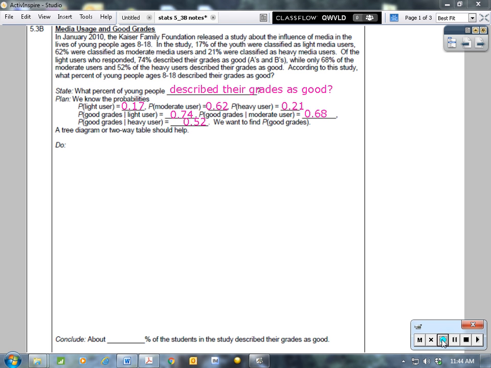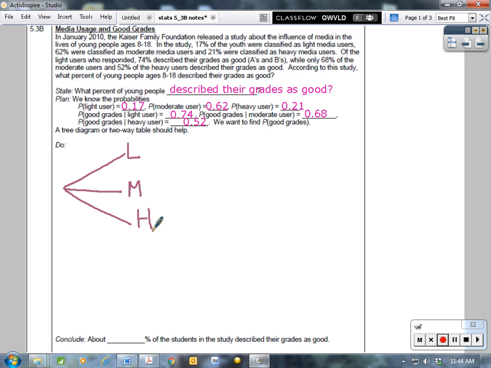So I'm gonna show you the answer using a tree diagram, and then I'm gonna use the 2-way table and kind of relate the two so you can see how that is. So our first event they talk about is media usage. So we have a light, a moderate, and a heavy. So I'm going to go ahead and break up our first as a light user, a moderate user, and a heavy user of media.